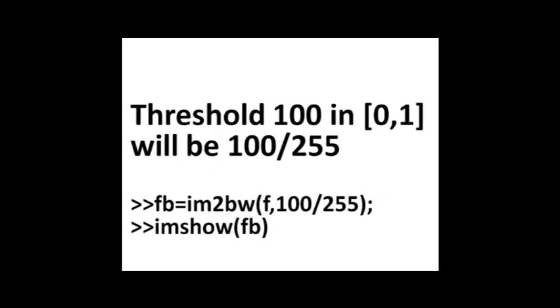F and fb are user-chosen variables. If your execution is successful, you're going to see the return as shown on the screen. And fb is called a binary array or logical array because its value can be 0 or 1, or true or false, or 0 and 255.